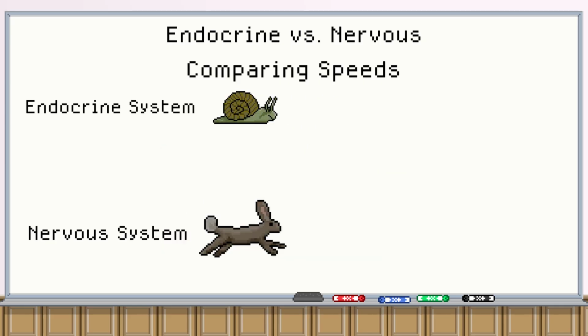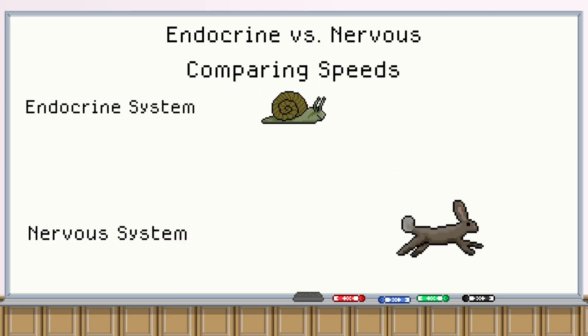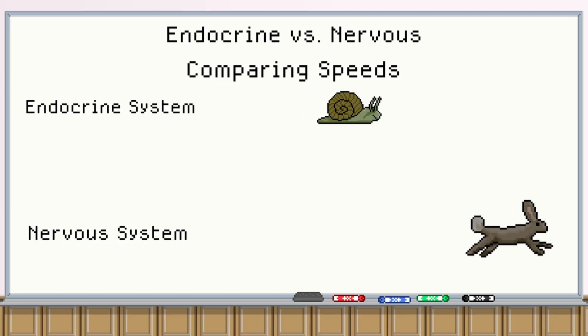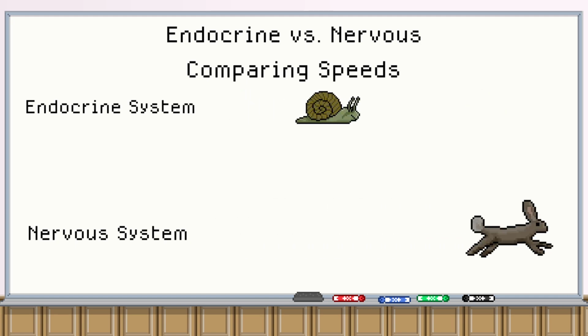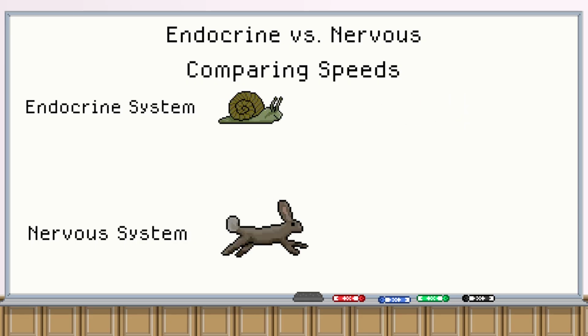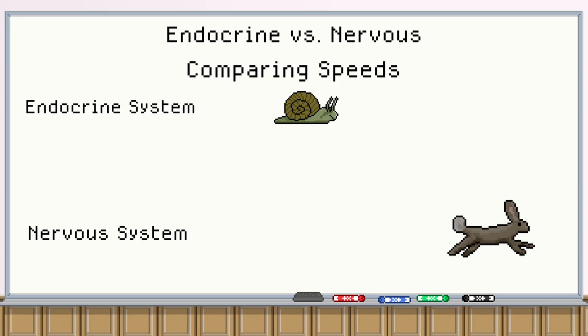As you might expect, the actions of the endocrine system occur much more slowly than that of the nervous system. An endocrine gland might stop secreting, but the downstream effects may linger in the body for minutes to days to weeks until all the circulating hormone is used or degraded. The nervous system, on the other hand, has lightning-fast effects that occur in milliseconds.